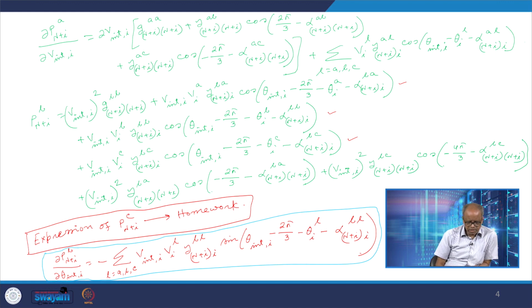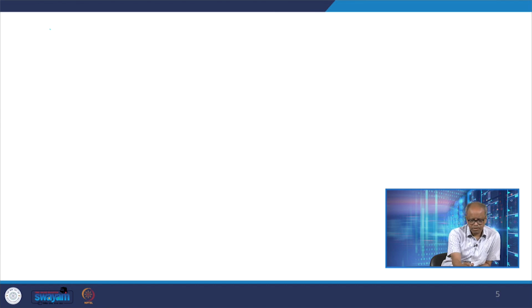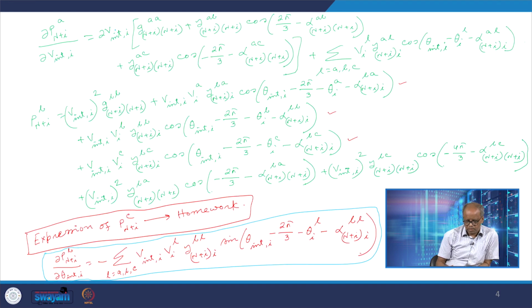And then lastly, del P n plus by B delta V internal I would be del P del V internal I. So again there will be, sorry, there will be three terms corresponding to V internal square.